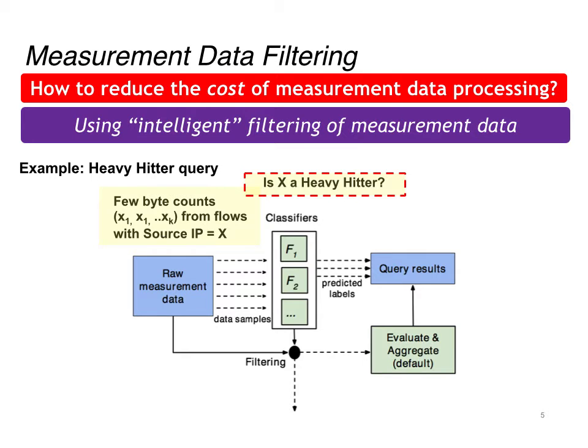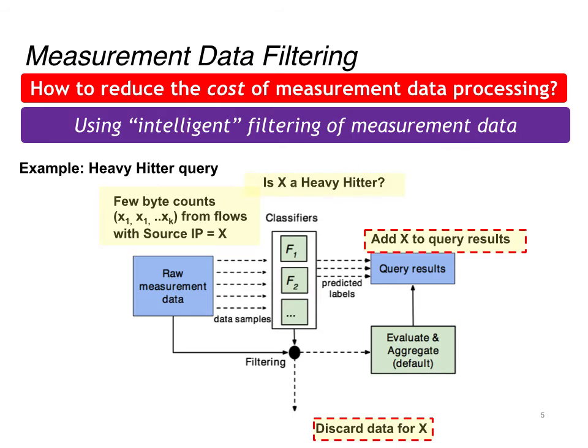Based on this prediction, we can add source IP X to the query results, say to the set of heavy hitters found in the traffic, and then discard all the data associated with X. For instance, if the raw measurement data were initially stored in a temporary buffer, this data will in the end be overwritten.